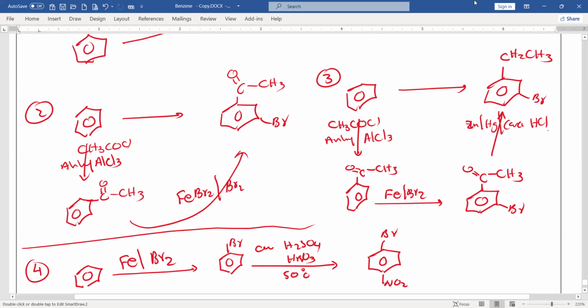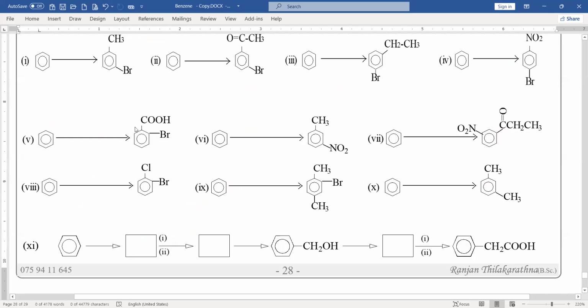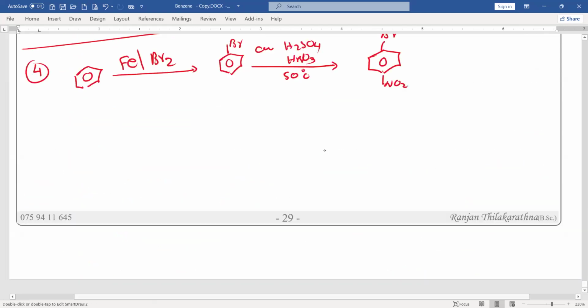Okay, now let's see the fifth one. Go back. In this case, here the groups are ortho to each other. The fifth one. Straight away you can't convert a benzene ring into benzoic acid.